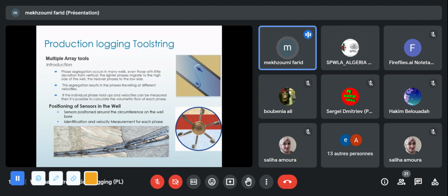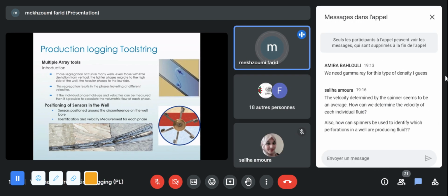Sometimes across the perforation, you see what we call a noisy CCL. Even we can see it in some examples, because in the perforation you create a hole, so you have less metal. The response across the body which is not perforated, and across the area which is perforated, is different.